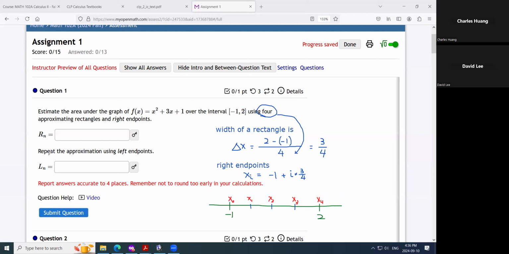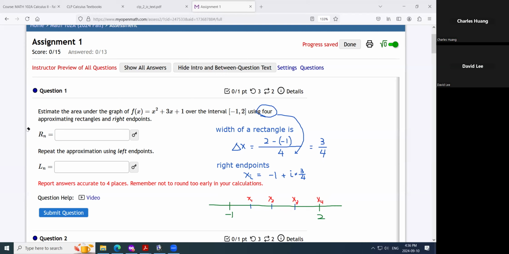But if I'm using the left endpoints, then I will use x0 to x3. The notation will be a little bit strange, so let's not worry too much about the notation. So these are the 4 that we're going to use.